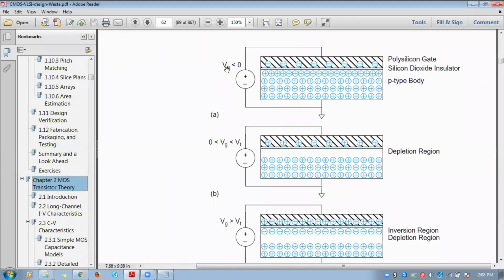In the second case, we are now increasing the gate voltage above 0, but less than the threshold voltage. Here the concept of threshold voltage comes in. Threshold voltage depends on many parameters. Initially, it depends on the manufacturer.